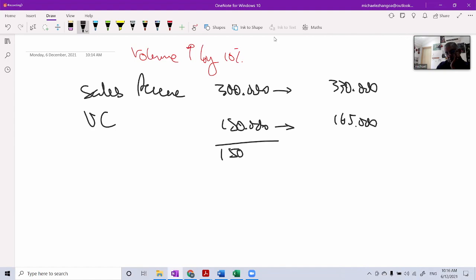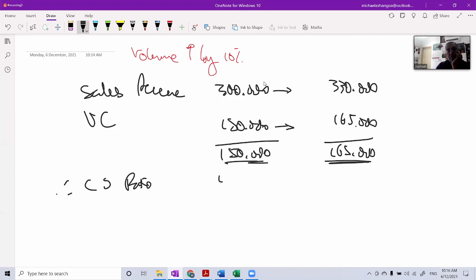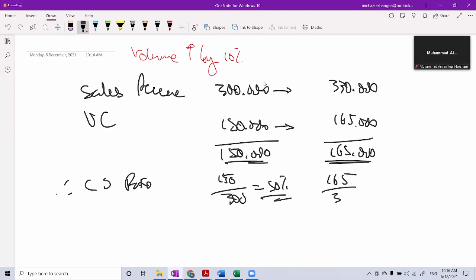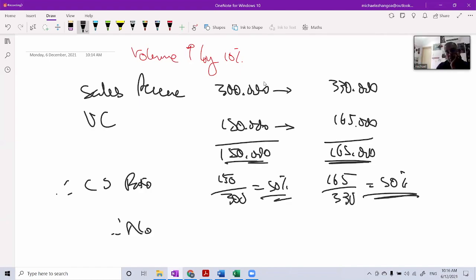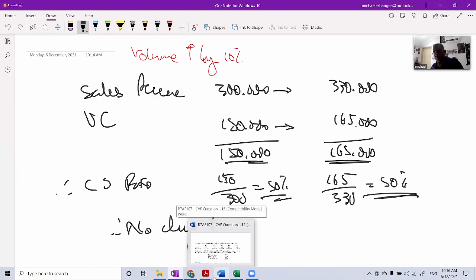So contribution is 150,000, and that becomes 165,000. So if you calculate your CS ratio, this is 150 over 300, 50%, also 50%. In other words, no change. Can you follow?